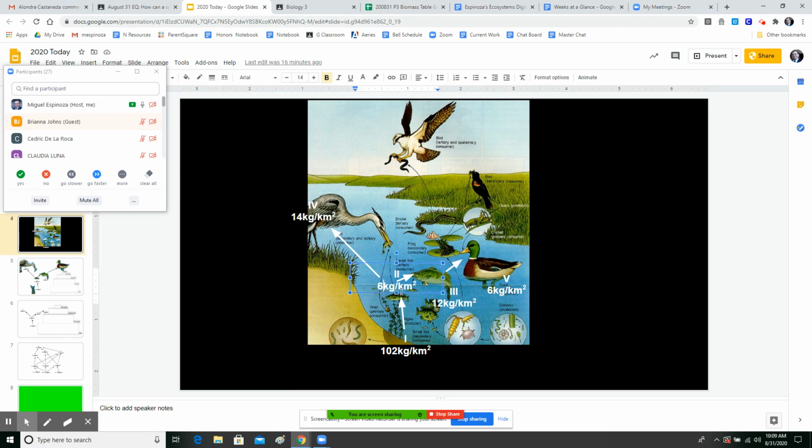Actually, that's supposed to be 68. Let me fix it now. 68 kilograms of little fish, right? And only 14 kilograms of the crane, and 12 kilograms of the big fish, and 6 kilograms of the duck. So you see, this is telling you how much biomass there is of each one, if you gathered up the mass, how much there is at each level.